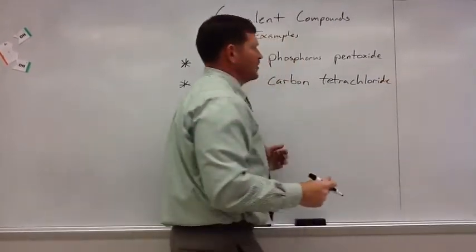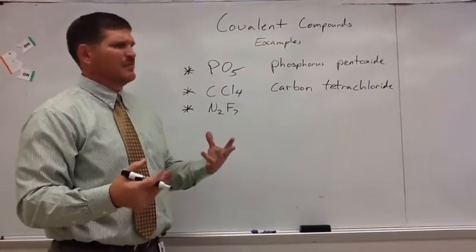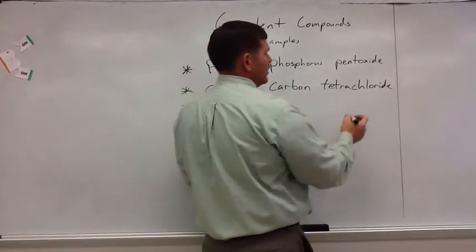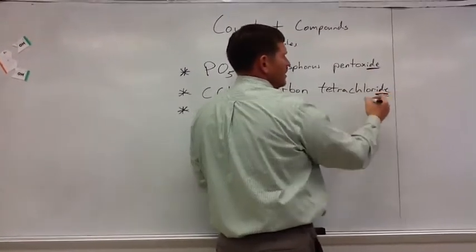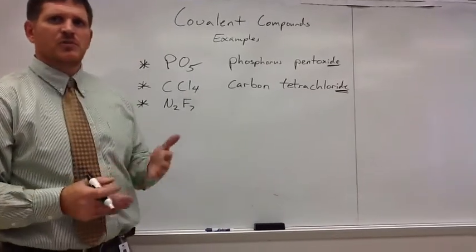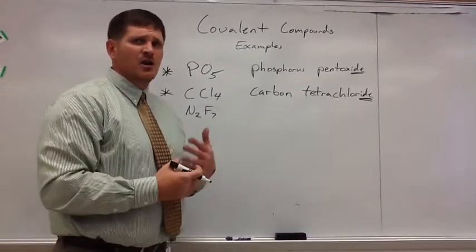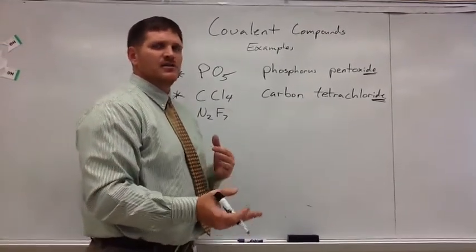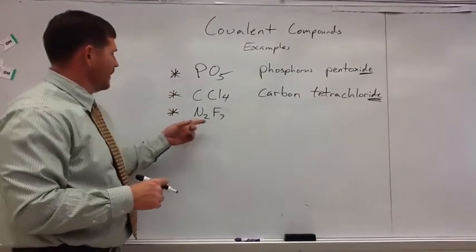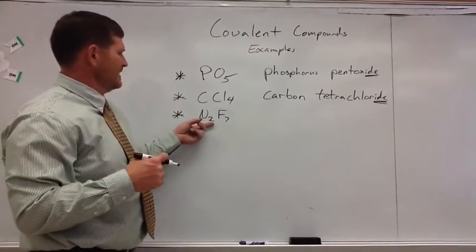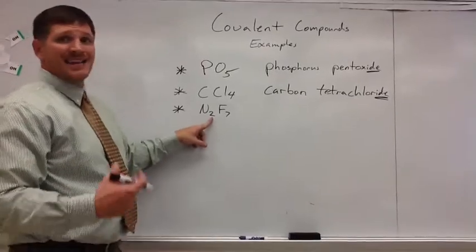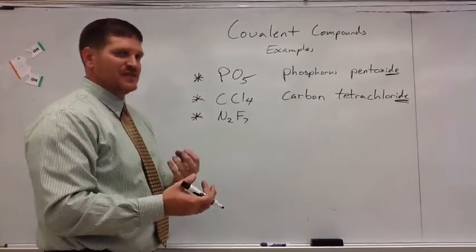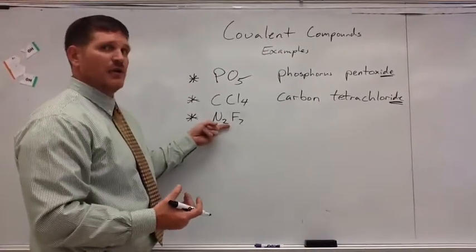Now, I don't think I put that in your rules. Make sure you put that in your rules because I didn't put that in there. We still are going to change the ending to IDE. So when we put the one that's least like a metal, we still write "ide," just like we did with ionics. Okay, so the next one is going to be nitrogen. Now this one, though, I actually have more than one, so I have to use that if statement. If more than one, write with prefix.